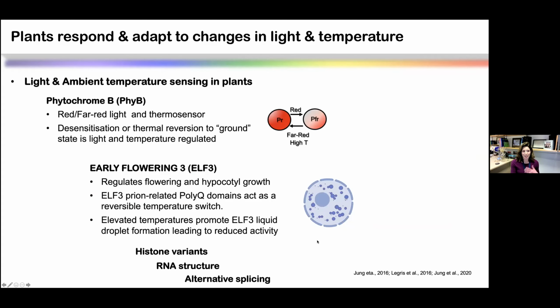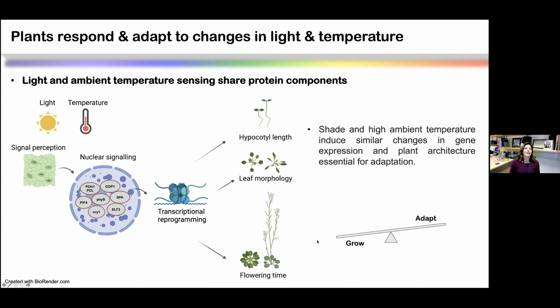And it's not very surprising that light and temperature sensing share a lot of protein components, ranging from the actual perception of light and temperature to signal integration and downstream signaling components.